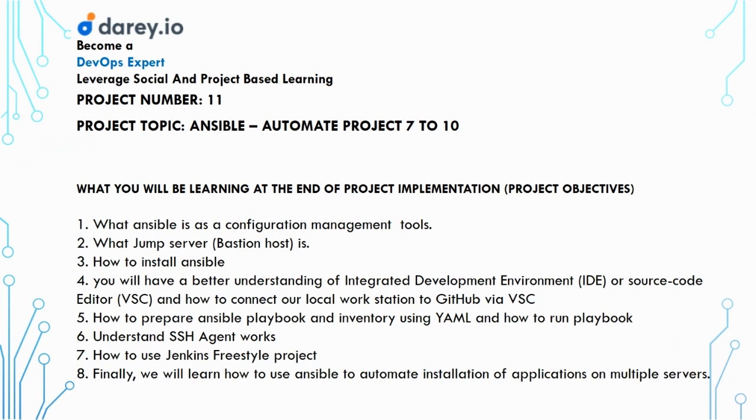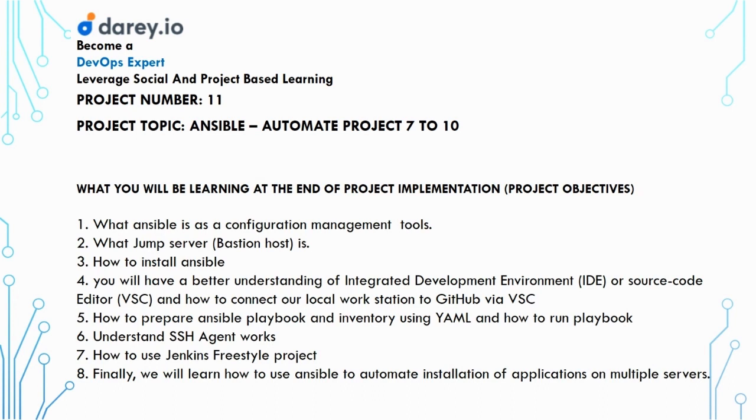We also learned how to install Ansible, and we saw the power of VS Code over Vim or Nano, and how powerful it can be when VS Code is communicating with GitHub. And we also understand how to run a playbook, how to write a playbook, how to write an inventory and what an inventory file actually is.